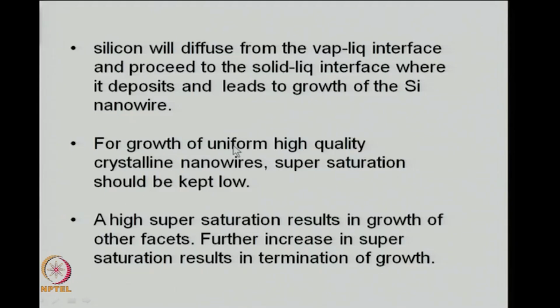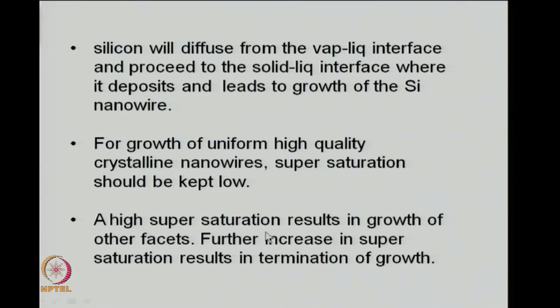For growth of uniform and high quality crystalline nanowires, the supersaturation should be kept low. This is very important. If you want defect free, high quality and crystalline nanowires, not amorphous, not polycrystalline, then the supersaturation should be kept low. It should not be very high, otherwise it will lead to polycrystalline nanorod formation.